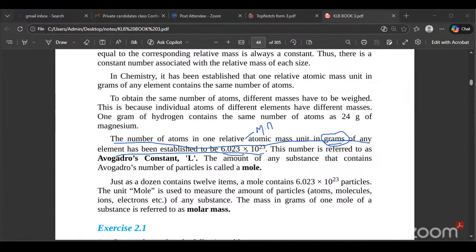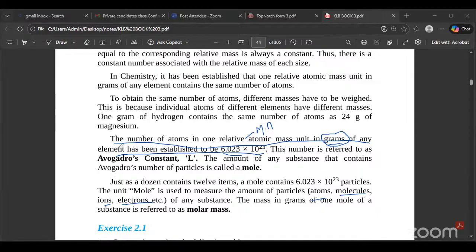We have particles. Now, the particles in this case, I'll mention the particles. We have particles like atoms, we have molecules, ions, electrons, protons. All of them are considered as particles.